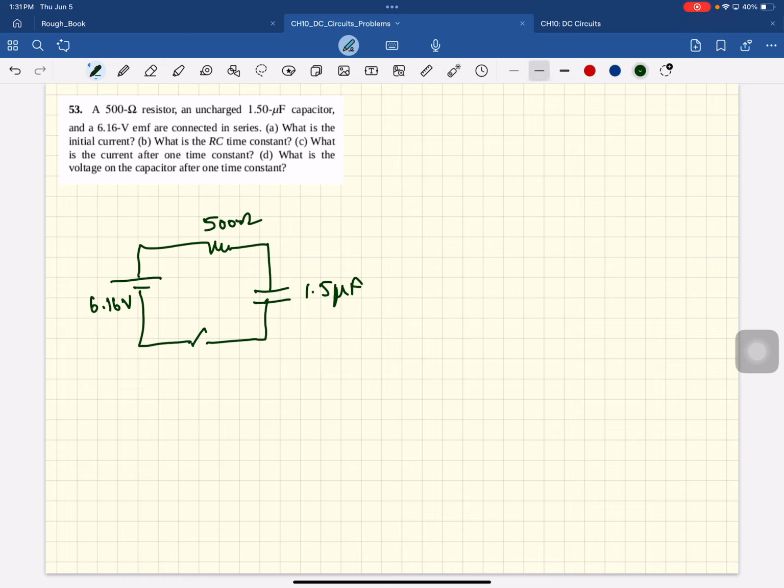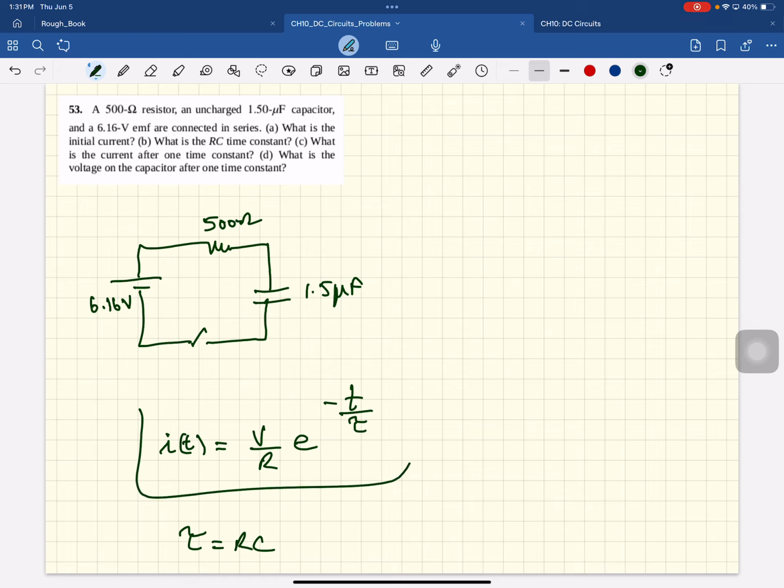Okay, anyway, here is the functional form of the current. It's V over R e to the power of minus t over tau, where tau is RC. And this is the initial current. At t equal to 0, the exponential is 1.